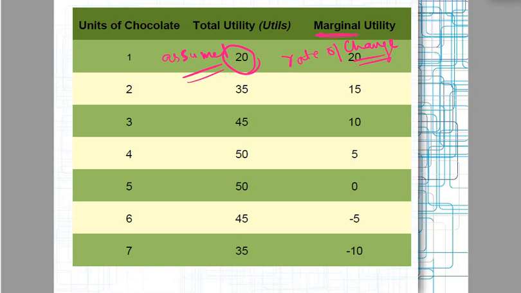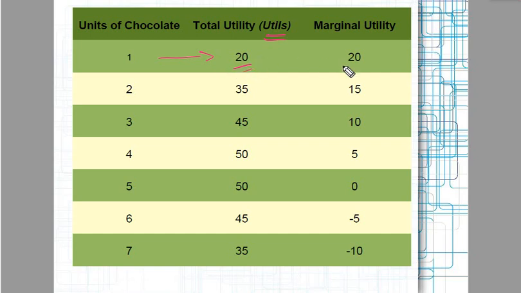So when we say marginal utility, we mean the change in utility, and it will be represented by utils. So for the first one, it's assumed you get 20. You could have written 30 over here, doesn't matter. It's how the example is constructed that matters.